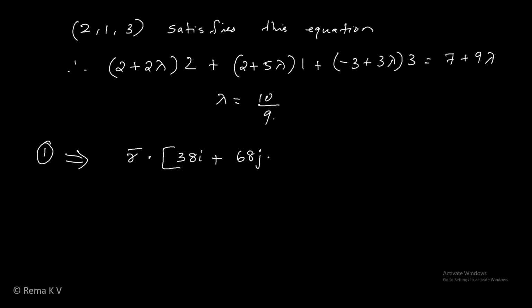$68J, then plus 3K, which is equal to 153. I think on simplifying it, you will get the value equation 1. This is the vector equation of the required plane. Is it right?